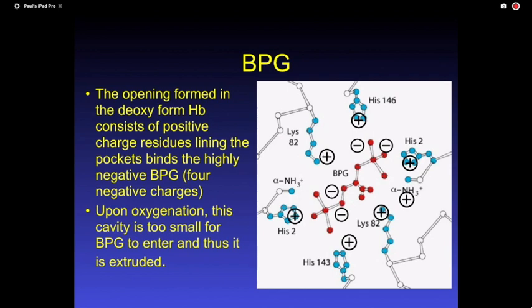So when it releases, it creates this little hole, BPG gets inside, and it locks it so that it cannot pick up oxygen until there's an overwhelming energy source or a large gradient. There's no gradient in the body, no large enough source of oxygen to displace it until you get where? The lungs.